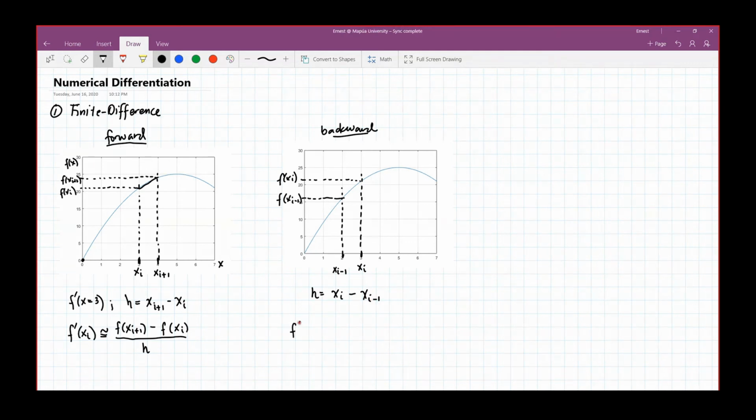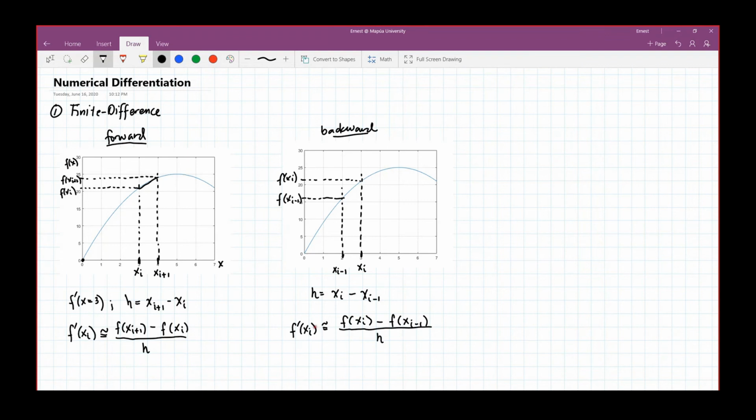And the value of your derivative at xi is approximately equal to the value of the function at xi minus the value of your function at xi minus 1, divided by h.